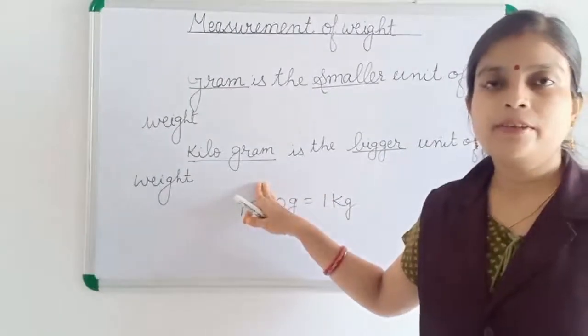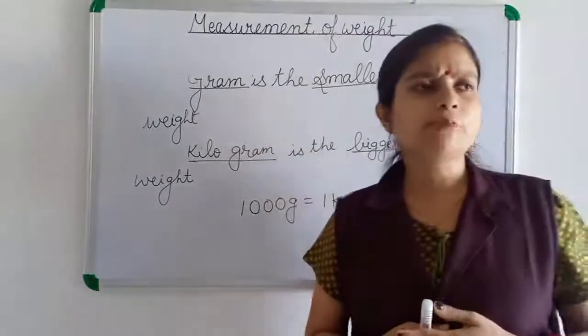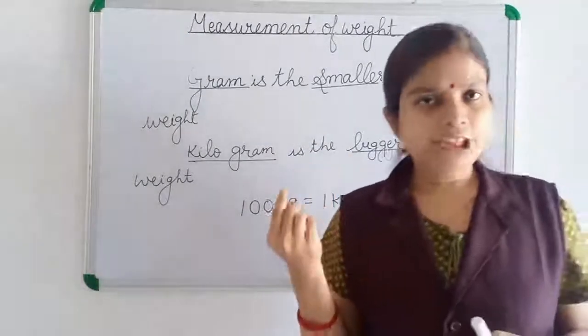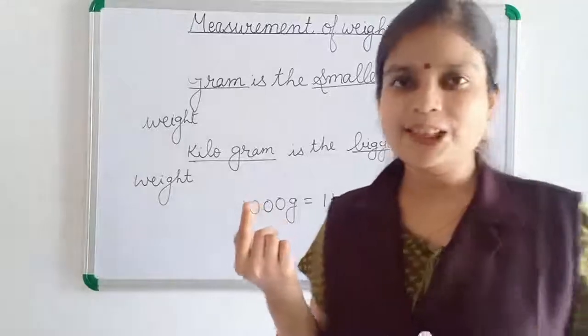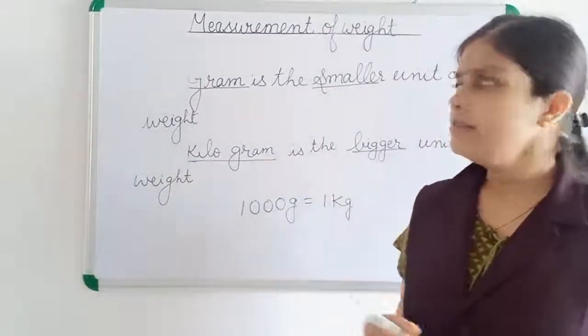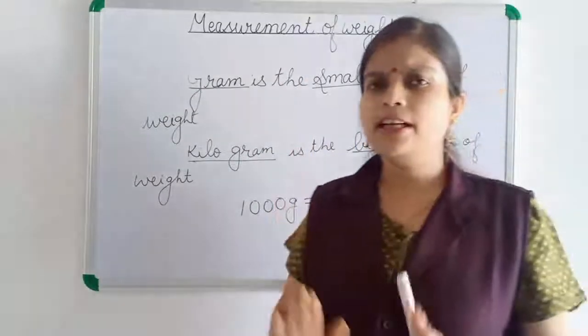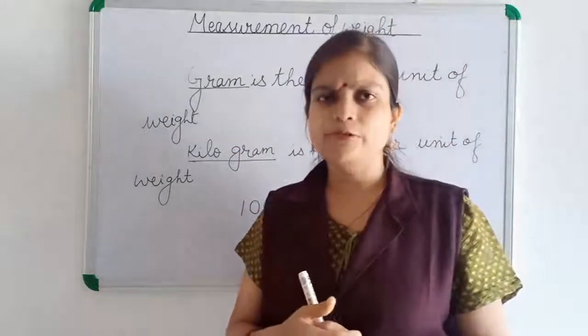For example, if you are going to buy chili, we measure it in gram only. Give 250 gram, give 100 gram, give 50 gram, like this we used to do.